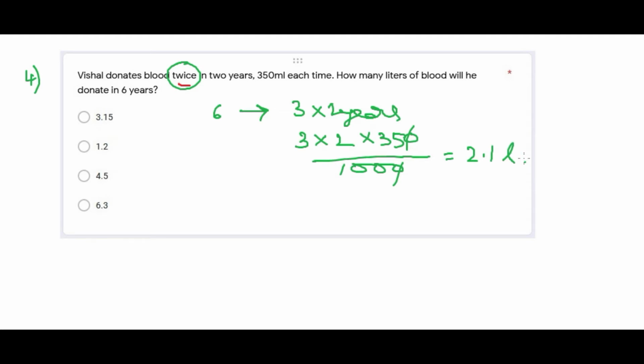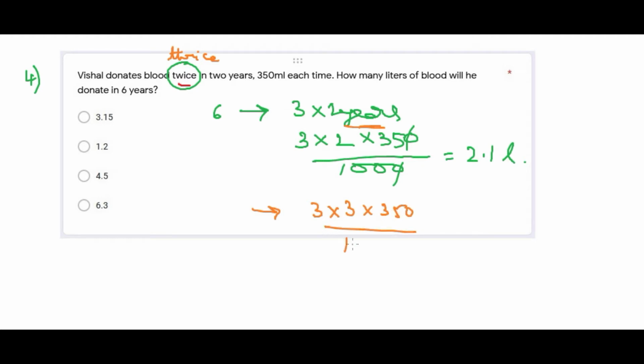But I'm extremely sorry, I committed a mistake while giving the problem. It should be thrice, but I wrote twice. If it is thrice, then for each 2 years he has given thrice, at 350 ml, for liters divided by 1000.